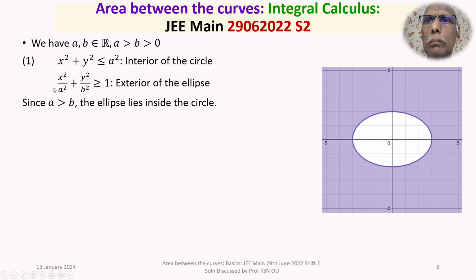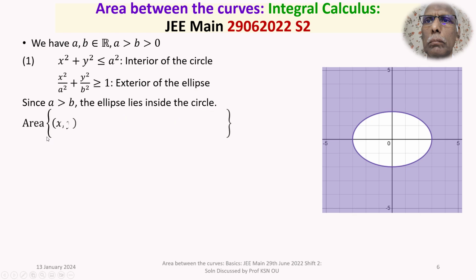So that means the ellipse will lie strictly inside the circle. The ellipse lying strictly inside the circle means the circle will have more area than the ellipse.